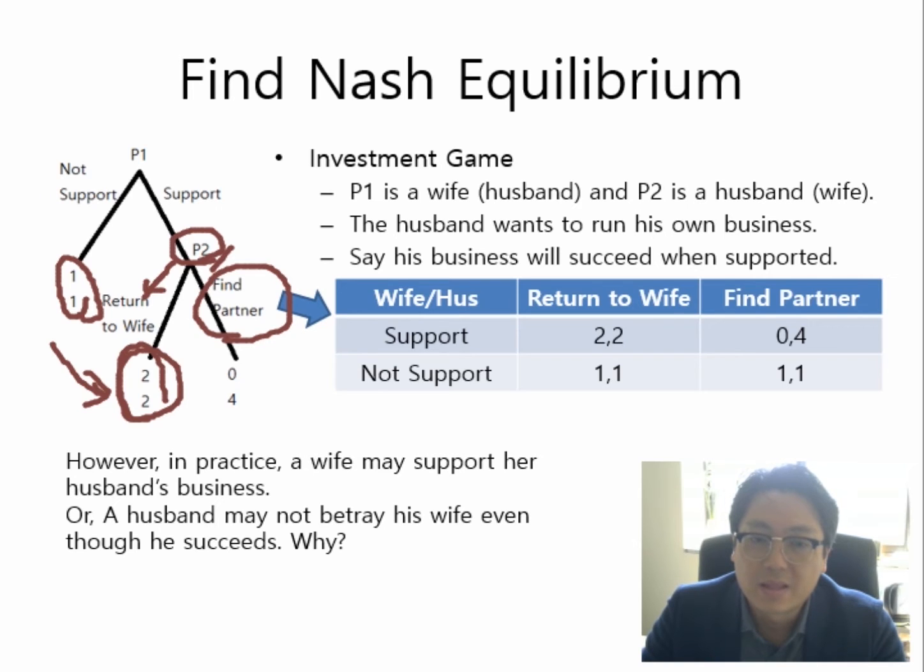As a result, the husband will be better off a lot, enjoying increased happiness, but the wife gets worse because he used her money, and then betrays the wife. So the wife's payoff is decreasing from 1 to 0.